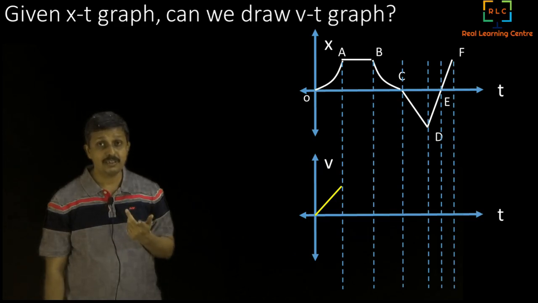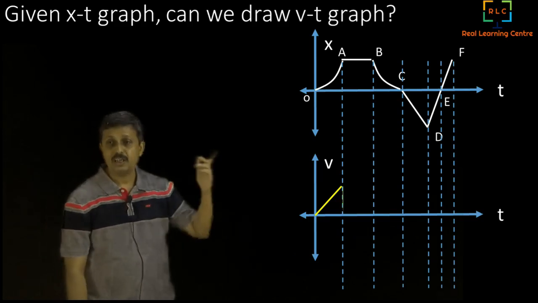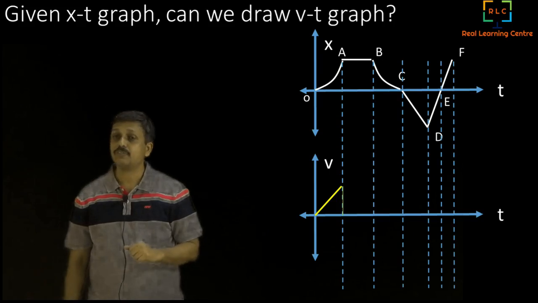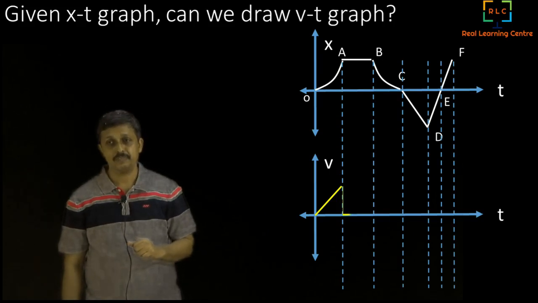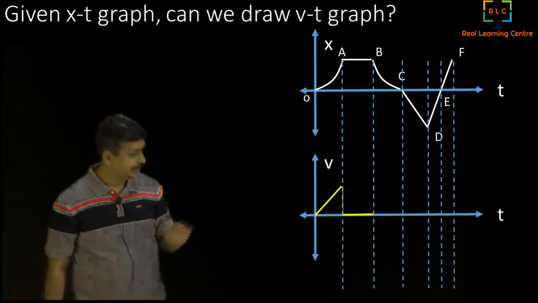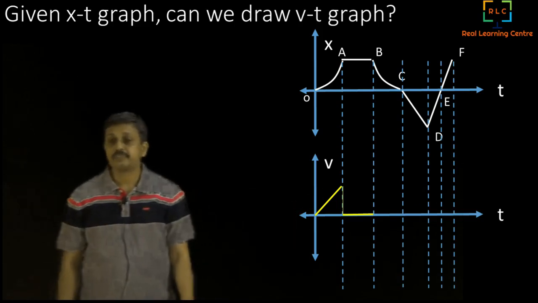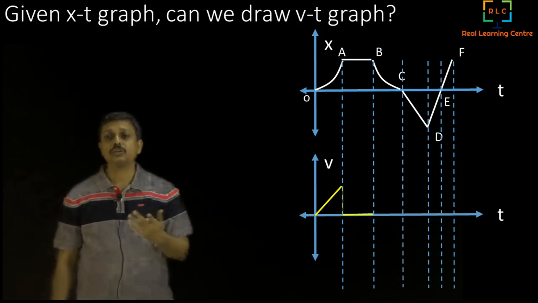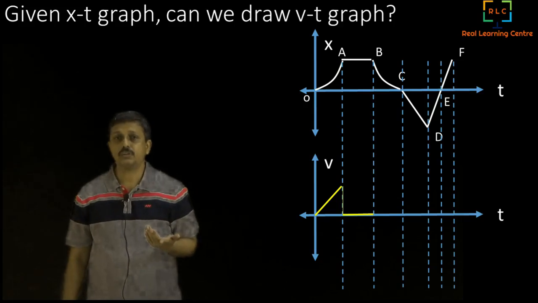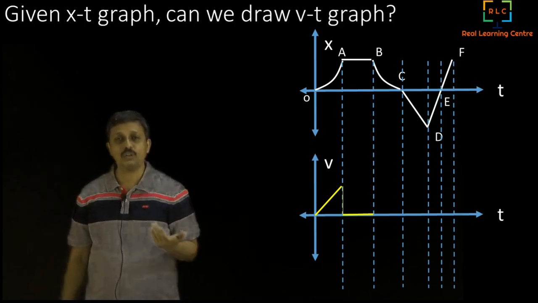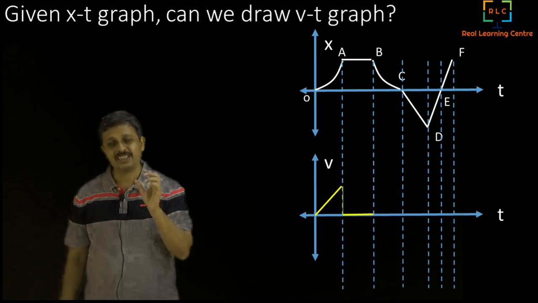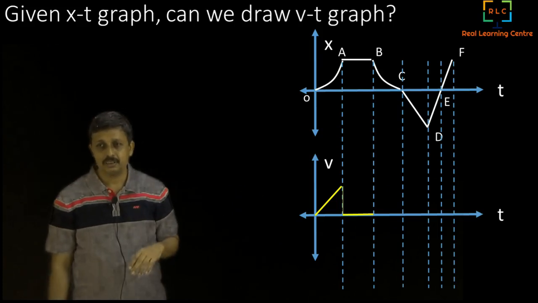So we'll just draw a slope of 0 from A to B. No movement means velocity is 0, which means the object is stationary at that point.